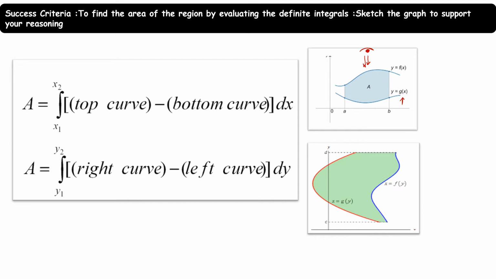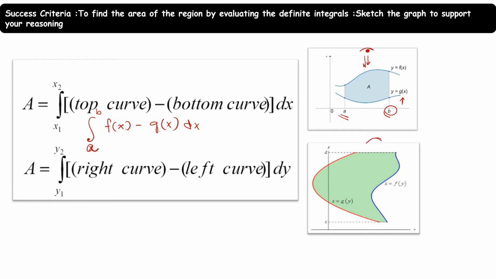Since we are writing f of x minus g of x, in terms of x, you will write dx. And you will take the x values as the upper and lower limits. The lower limit of this area is x equals a, and this is your b, the upper limit.